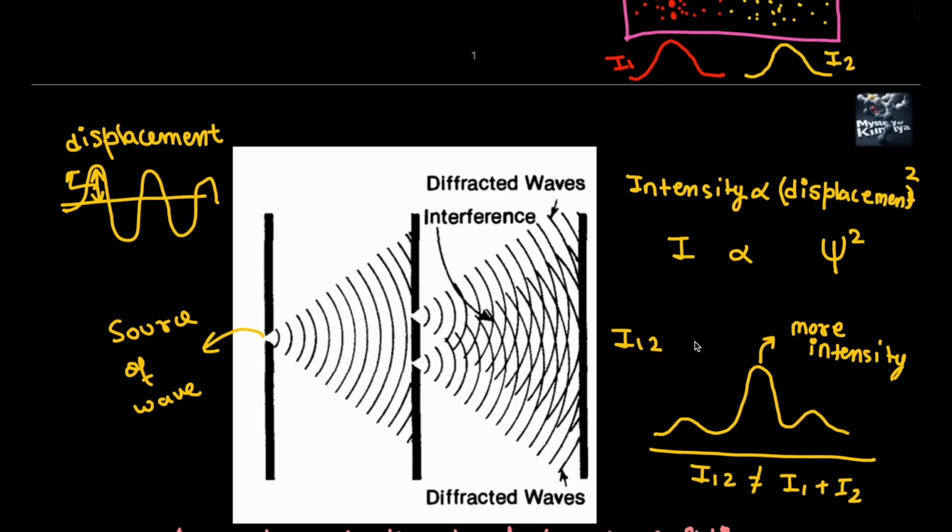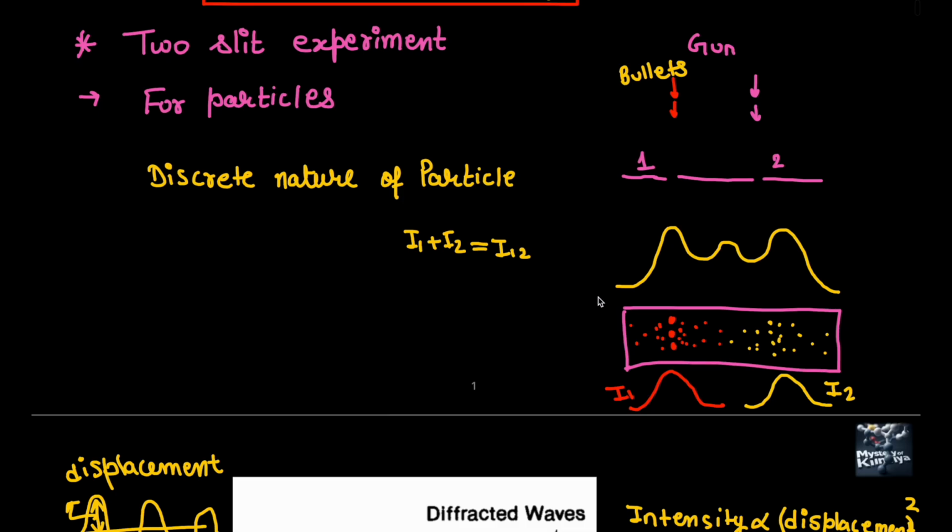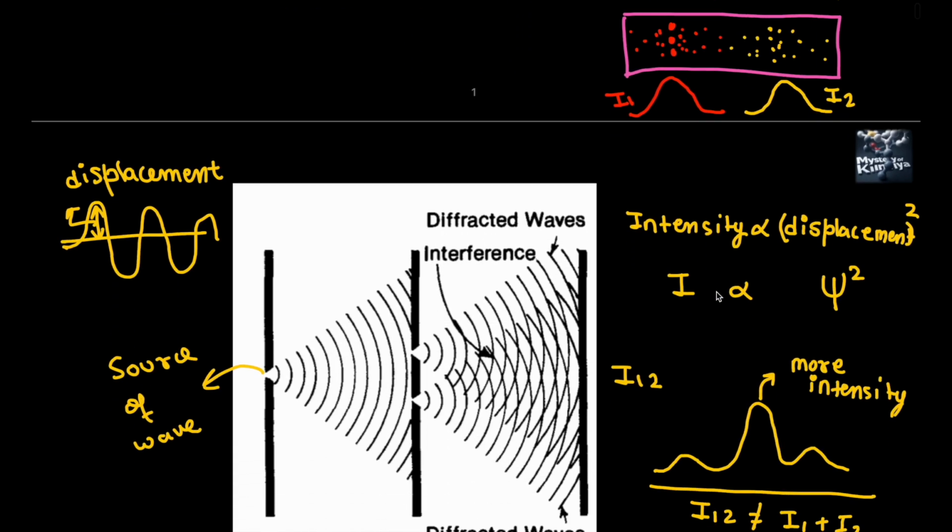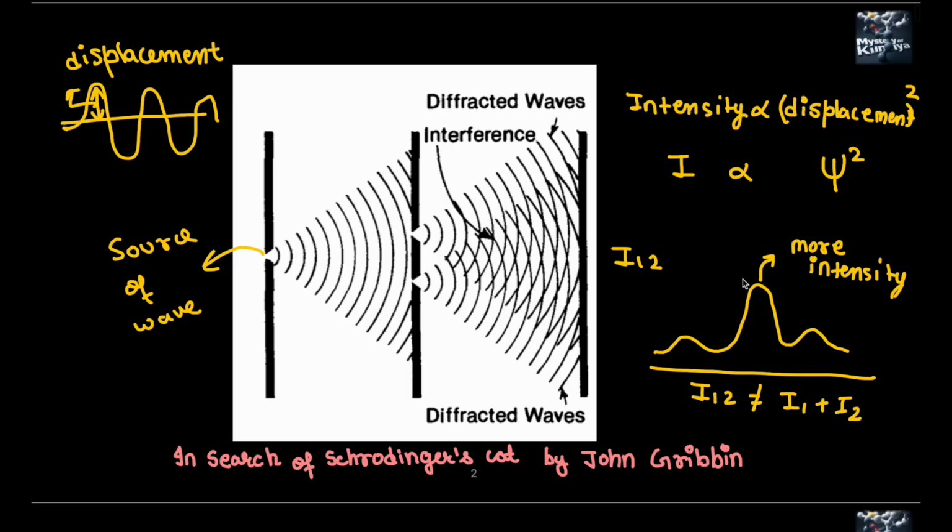So if they have particle nature, they should show this kind of curve when both the slits are open. But this is not true, because for electrons we actually see this type of pattern. It means we can count each electron because they might have particle nature, as well as they are showing some kind of wave nature, right?